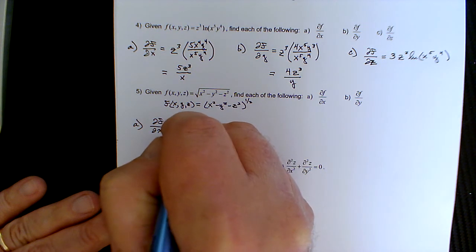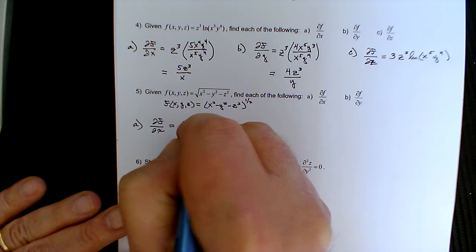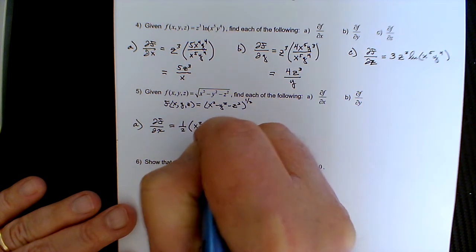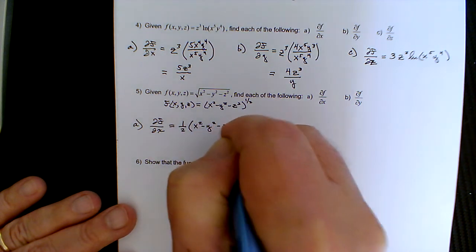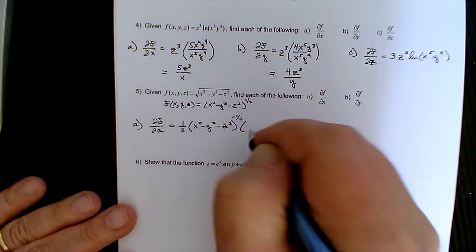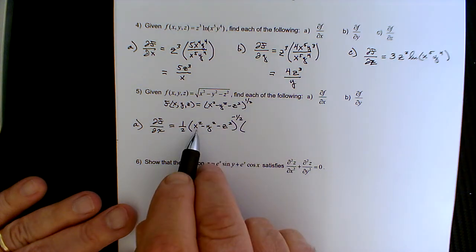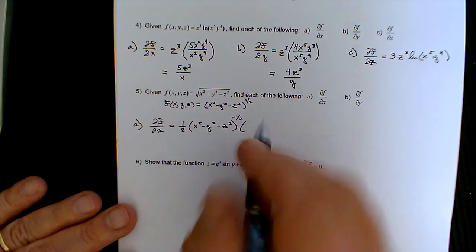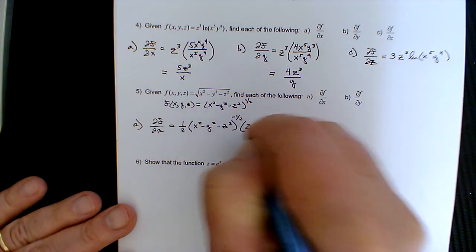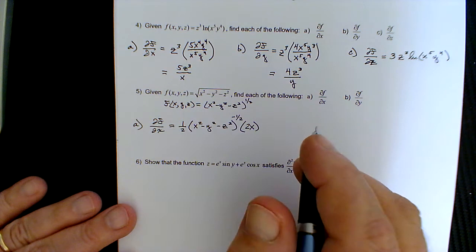By the general power rule, we bring down the 1/2 times that same function, x squared minus y squared minus z squared, power 1 less than 1/2, negative 1/2, and then the derivative of what's inside. The derivative of the inside, again with respect to x, with y and z constants: the derivative of x squared is 2x, and the derivatives of y squared and z squared are both 0.